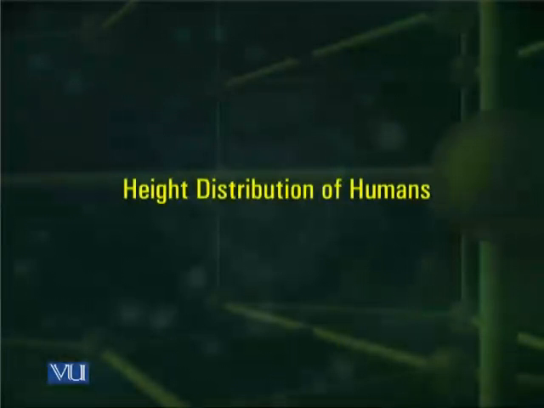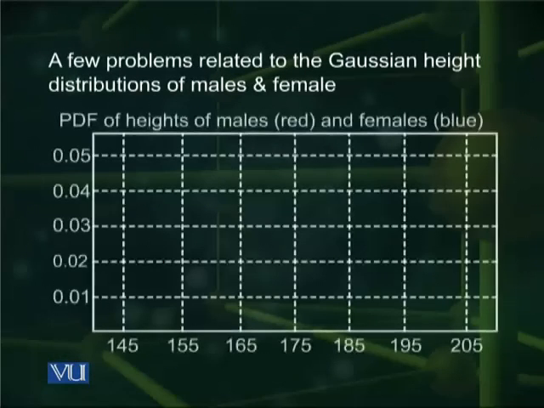If you look at the slide, the first event that I am interested in is: what is the probability that a randomly picked girl will be of height between 165 and 175 centimeters. These two numbers are the mean heights of girls and boys.